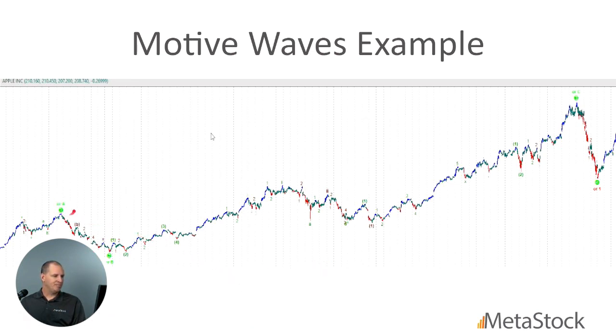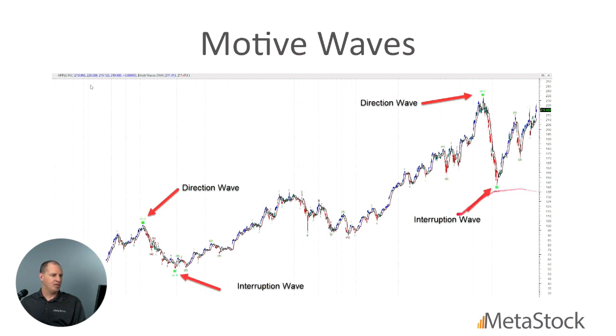You can see in big green letters here, it may be hard to see on your screen, but this is a 1 right here. And then this is a 2. Up here is a 3. Down here is a 4. So my 1 is a direction wave. My 2 is the interruption wave. Then I have my 3, and then I have my 4.